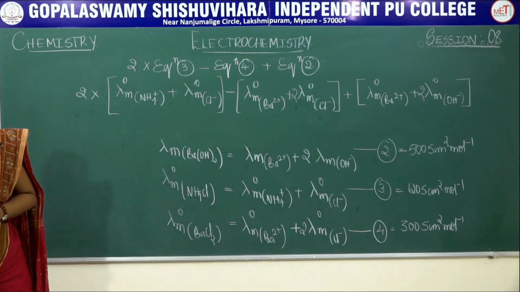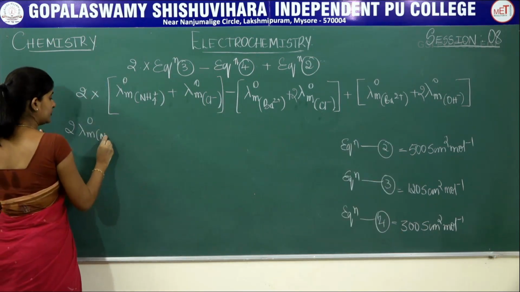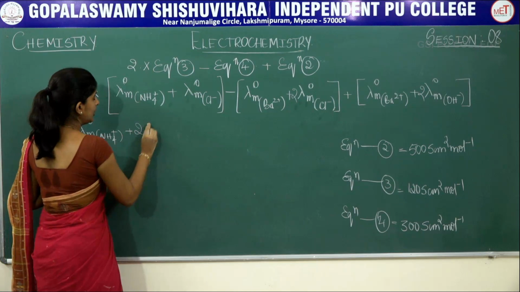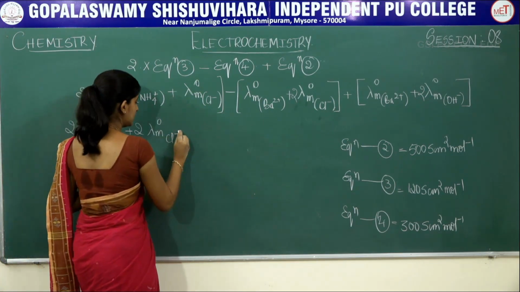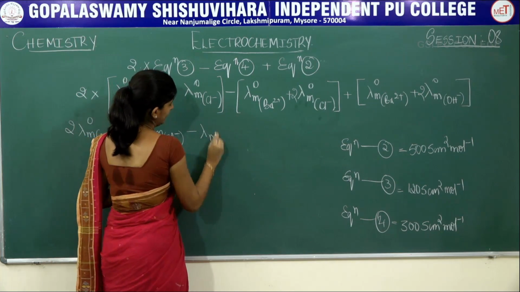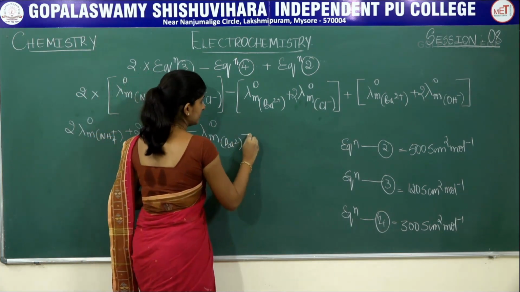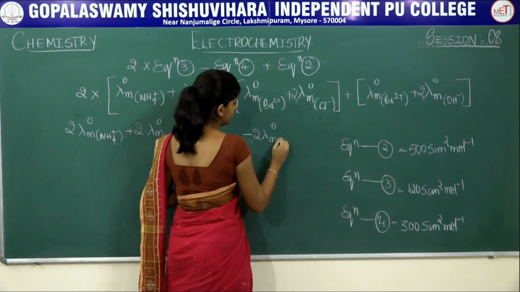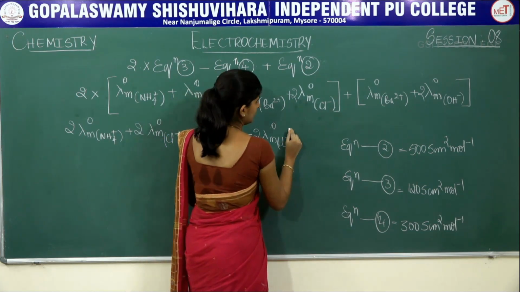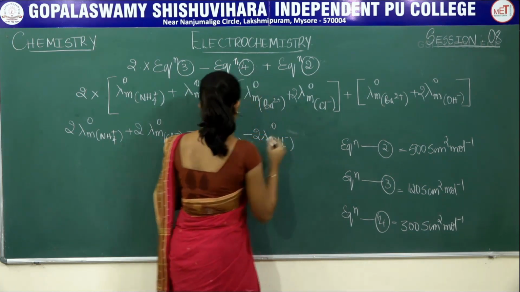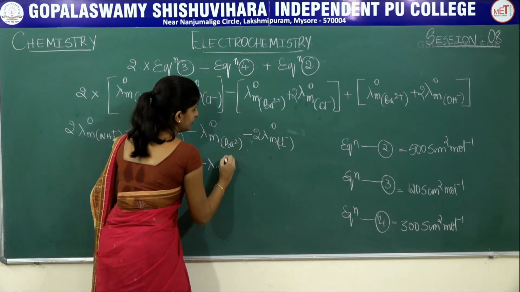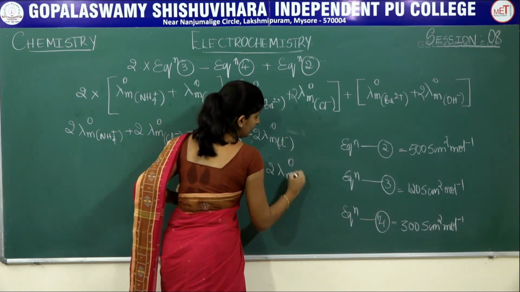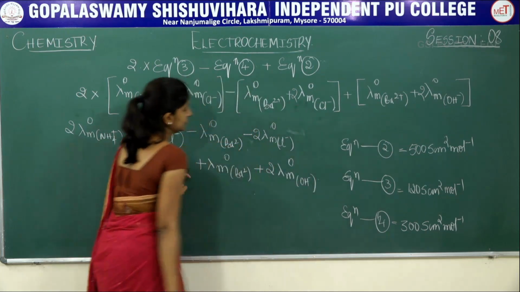So then the equation becomes 2 lambda m naught of NH4 plus, plus 2 lambda m naught of Cl minus, minus lambda m naught of Ba2 plus, plus 2 lambda m naught of Cl minus, plus lambda m naught of Ba2 plus, plus 2 into lambda m naught of OH minus.